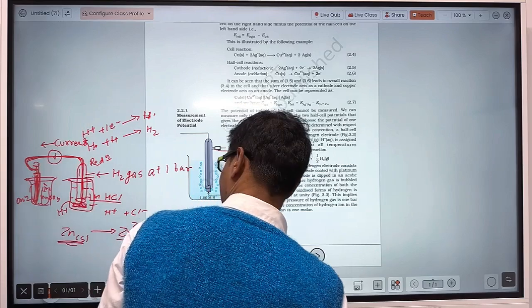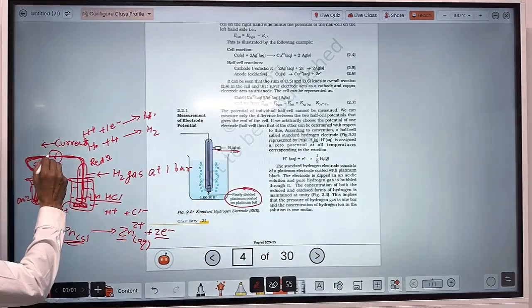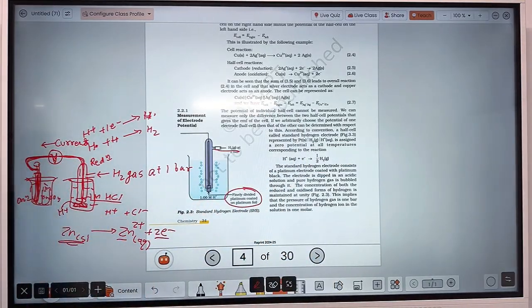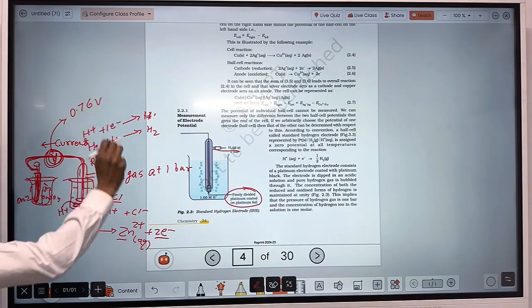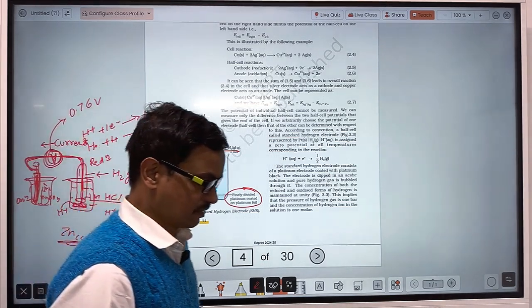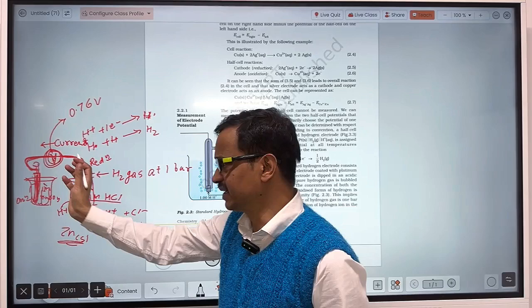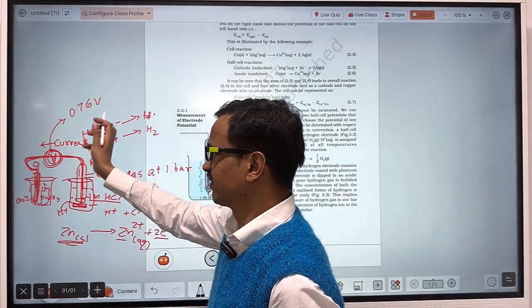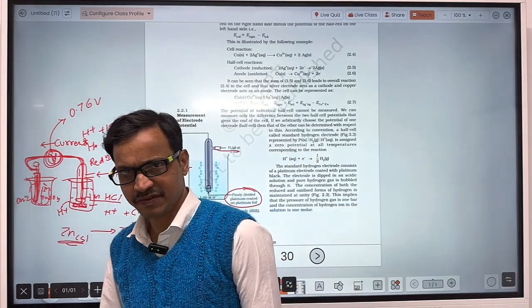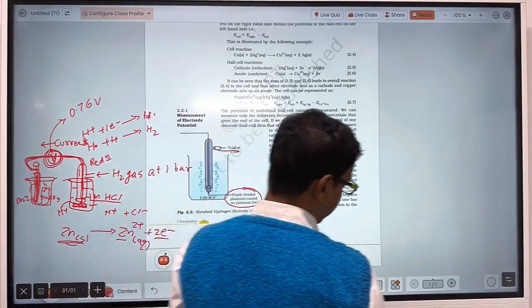Now how to calculate? This voltmeter gives you the information about the potential difference between the hydrogen electrode and the zinc electrode. When the experiment was done, it was observed that the reading of this voltmeter was 0.76 volt.